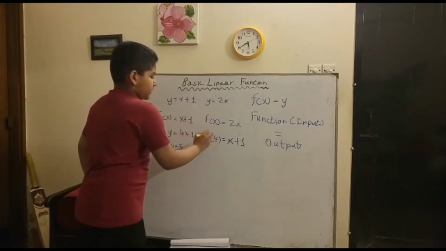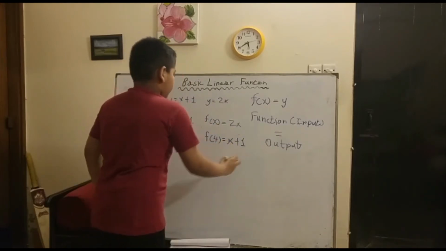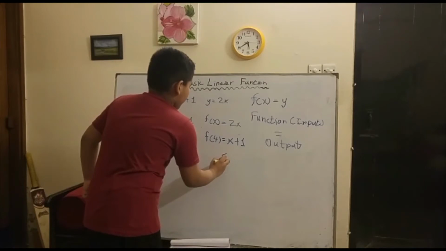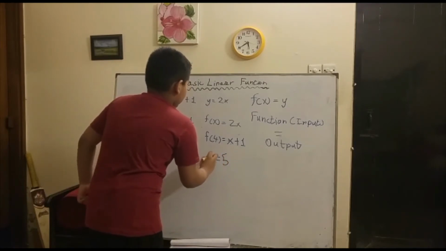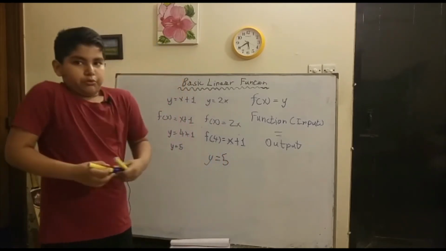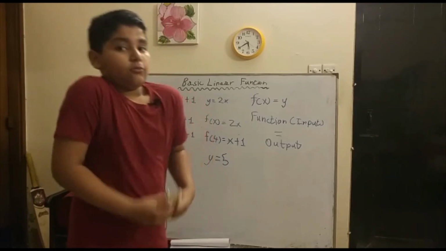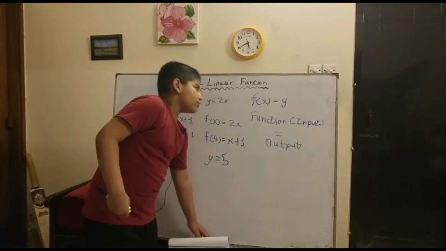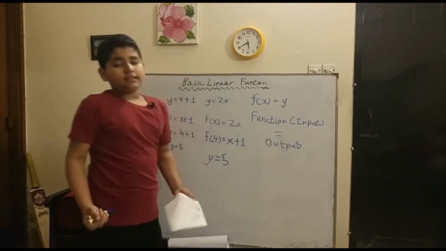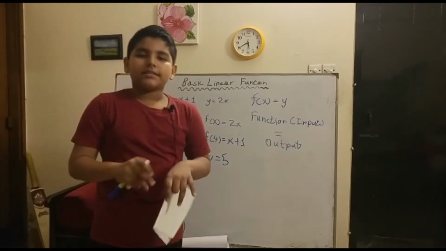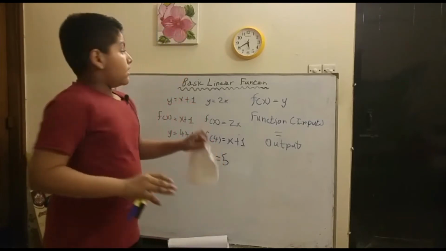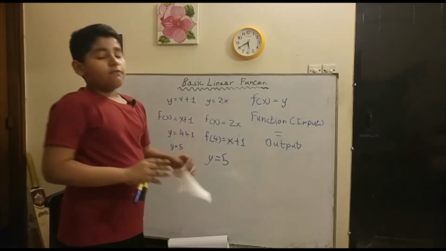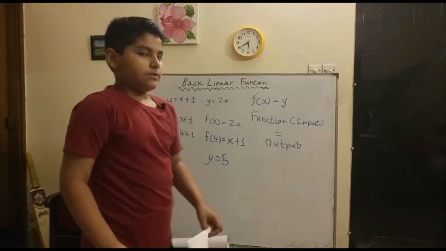The input value would be 4, so we know what to plug in, and then 5 would be the point we would plot in the y direction. So we won't write the f of x thing here because we already know these are functions, but I want to clarify this for anyone who gets confused.